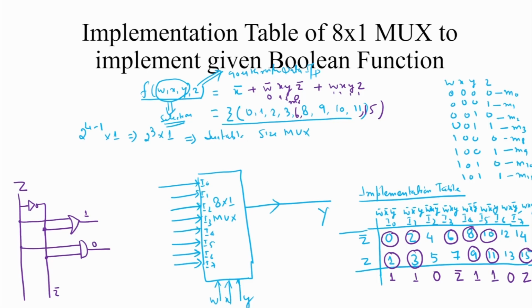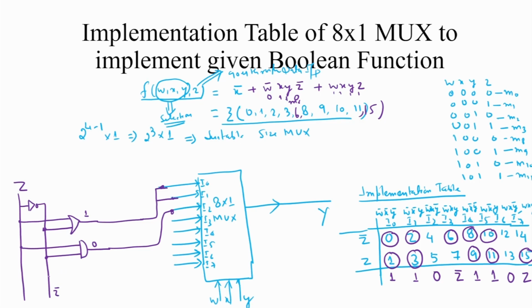Now, the question is what goes through I0: 1 goes through I0, similarly 1 goes through I1, then 0 goes through input I2. Then z complement goes through I3.